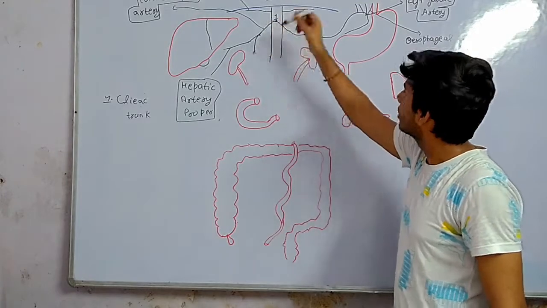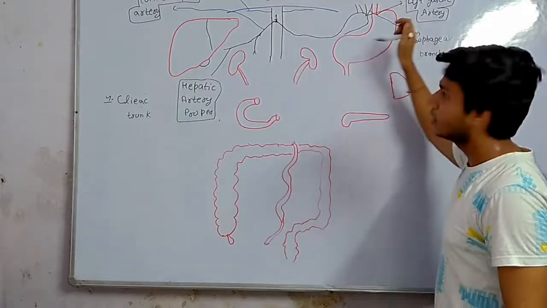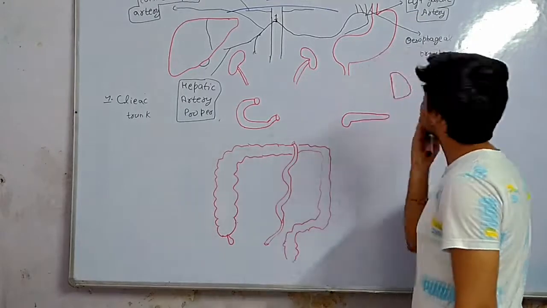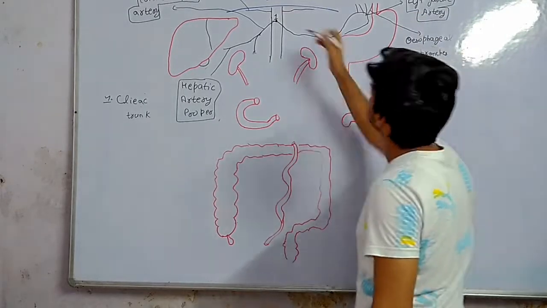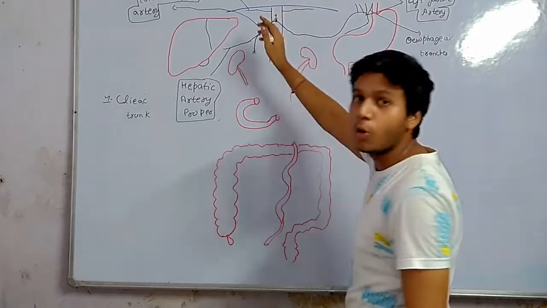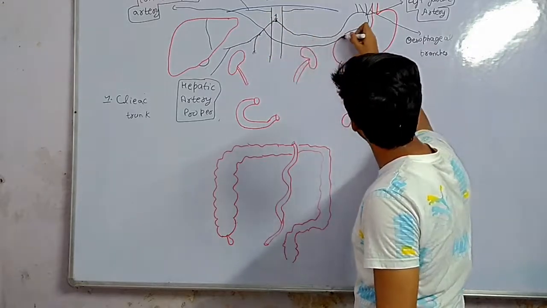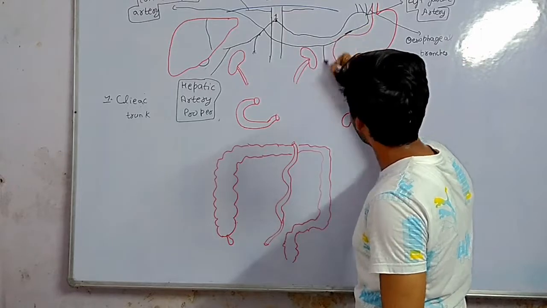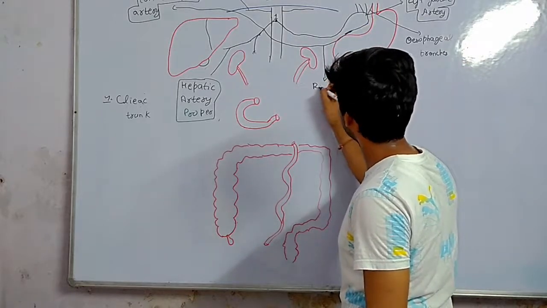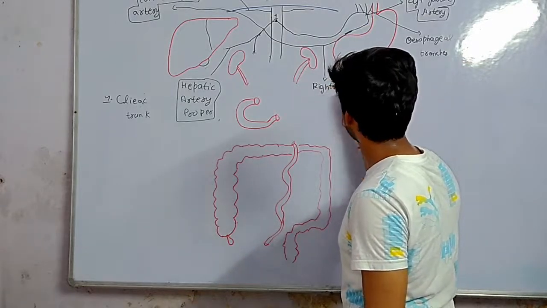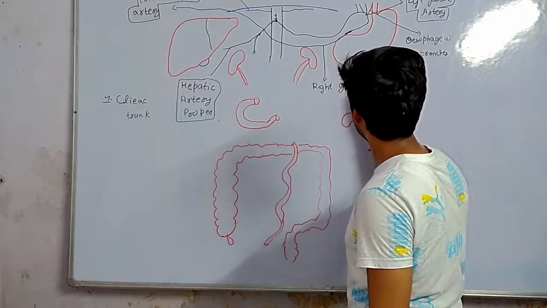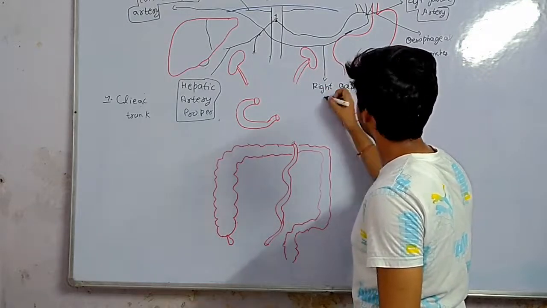It gives another, the right gastric artery. The right gastric artery comes from the common hepatic artery and anastomoses with the left gastric artery.